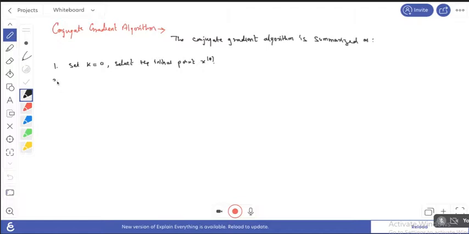Then you have to find the value of g0, and g0 is basically the gradient of your function at the initial point, that is x0.